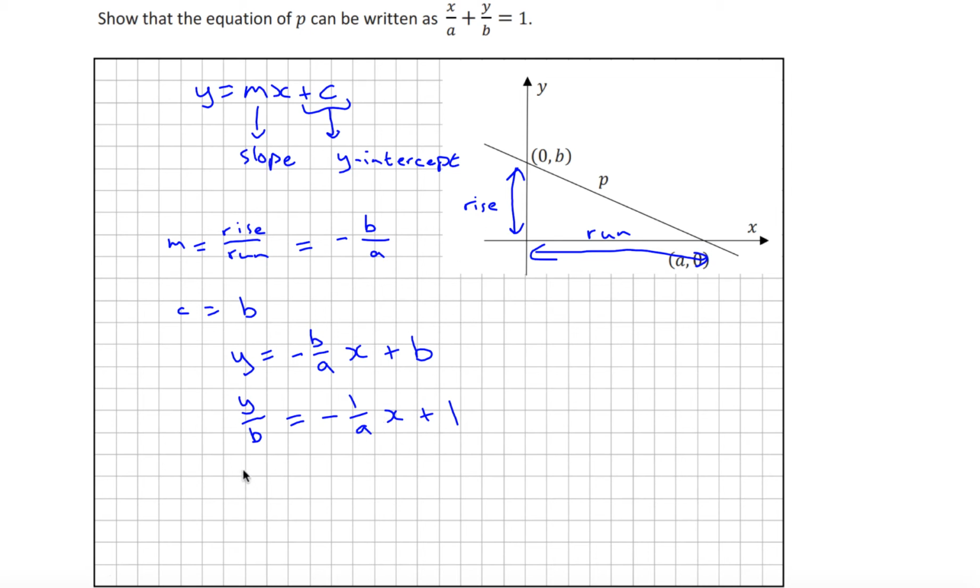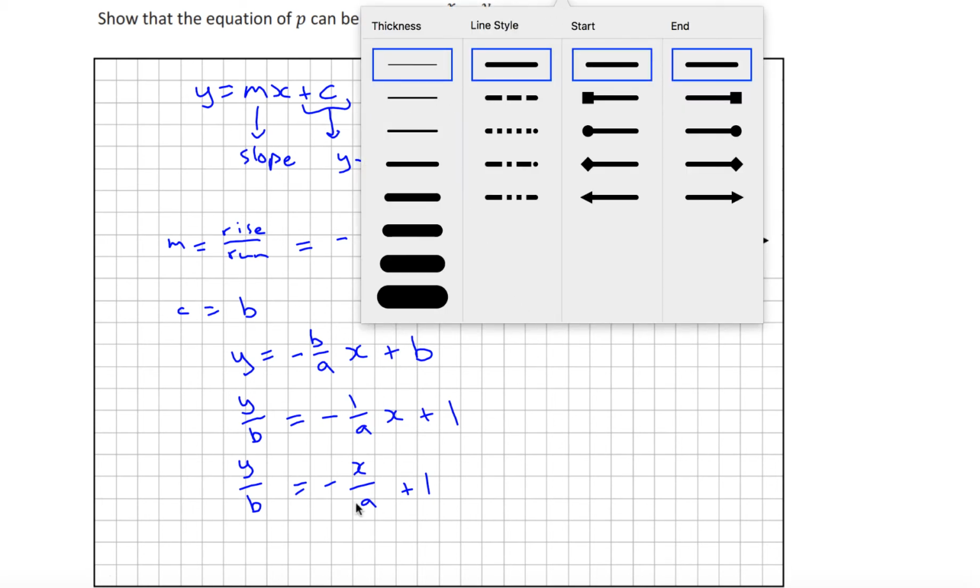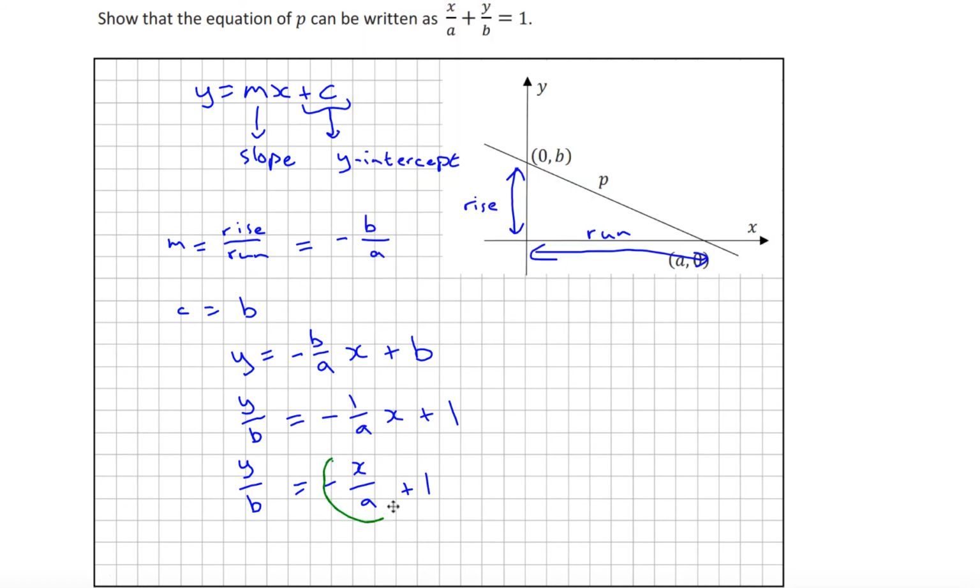So I'm going to leave the y over b here. Minus 1 over a times x is actually equal to minus x over a. We're multiplying a whole number by a fraction, so multiply the whole number by the numerator. Plus 1 still. And then I'm just going to bring this term over to the left and change the sign.